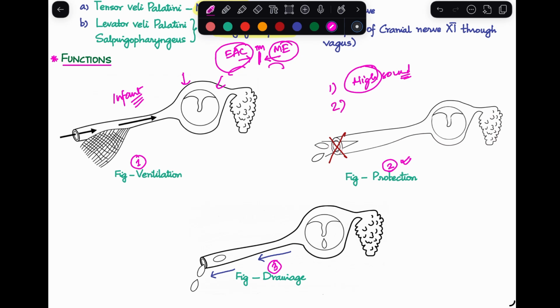Second, it also protects the middle ear. If you look at the image here, this is our middle ear. It will protect the middle ear from any reflux of nasopharyngeal secretions, which can happen if the eustachian tube was not patent properly. There would be reflux of the nasopharyngeal secretions right into the middle ear.